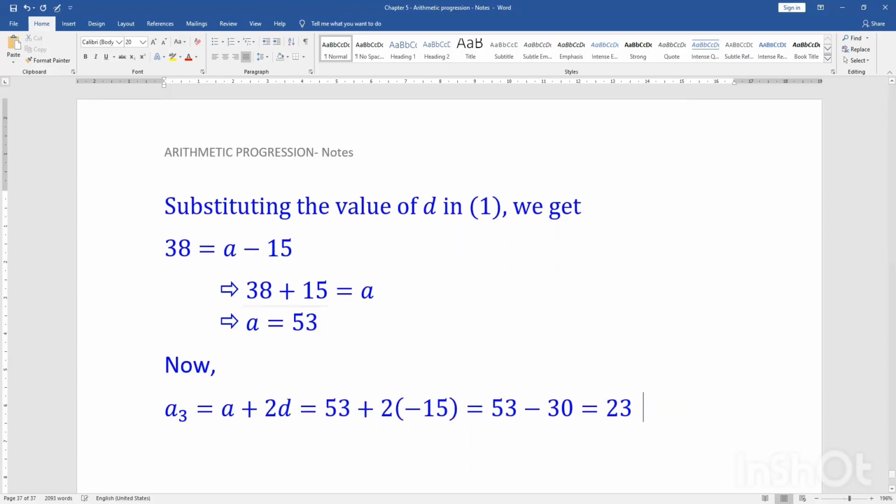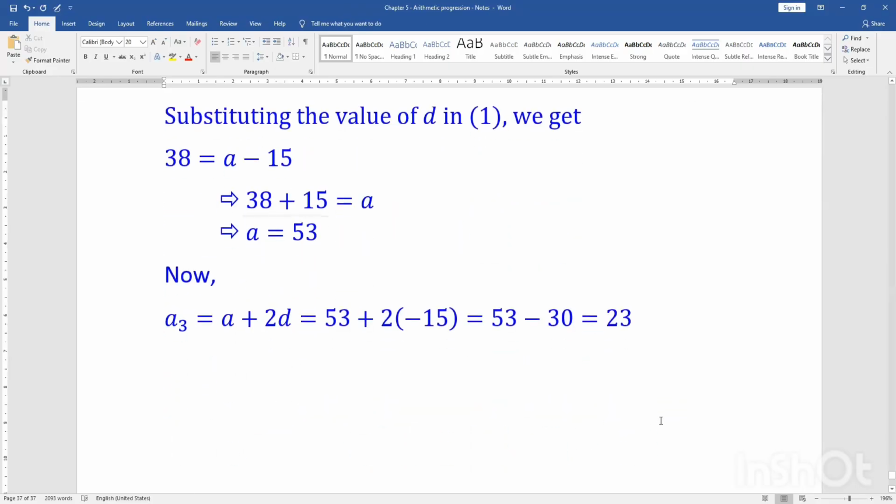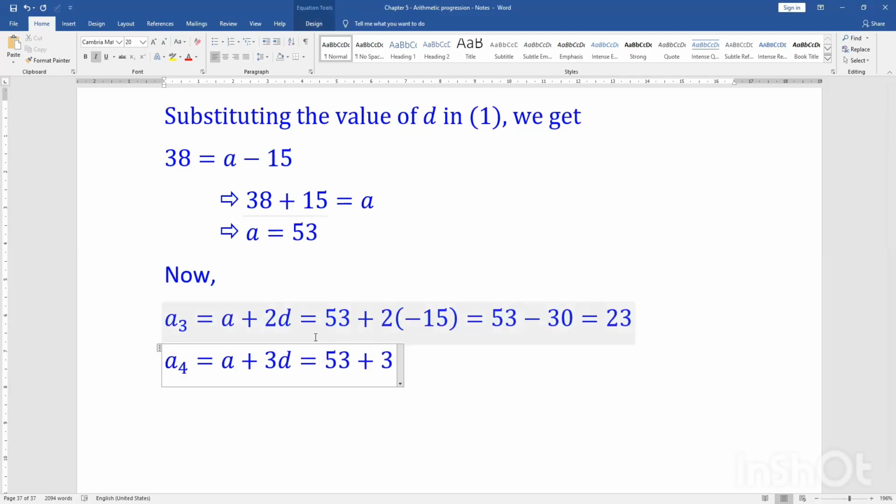The next one is A4. A4 is actually A plus 3D, which is nothing but 53 plus 3 into minus 15, right, children? So it is equal to 53 minus 45, which gives you 8.